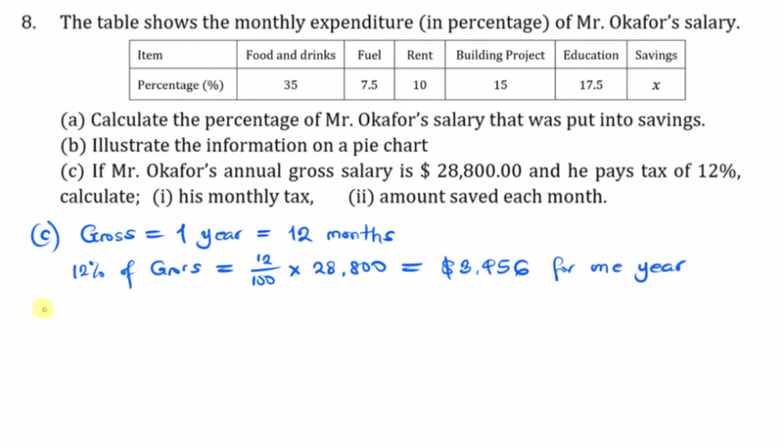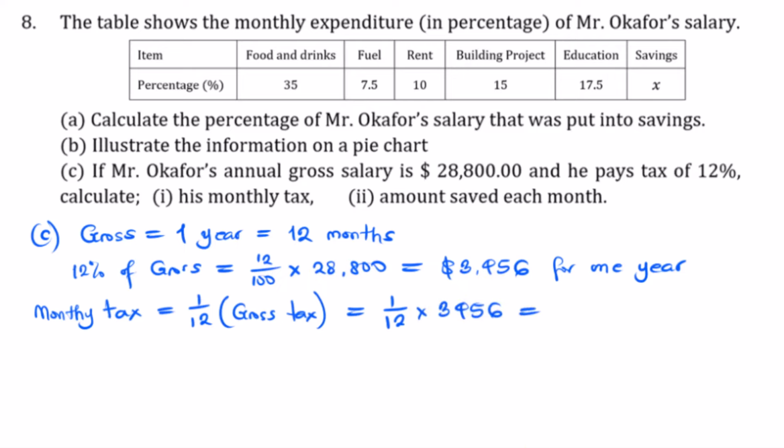Now if we are to talk about his monthly tax, we need to be 1 over 12 of his gross tax. Okay, and that will be 1 over 12 multiplied by that 12% of this 28,800, which you got to be 3,456.